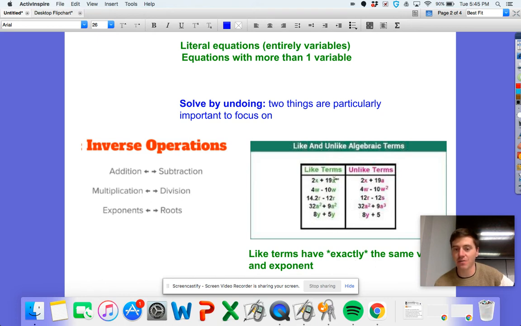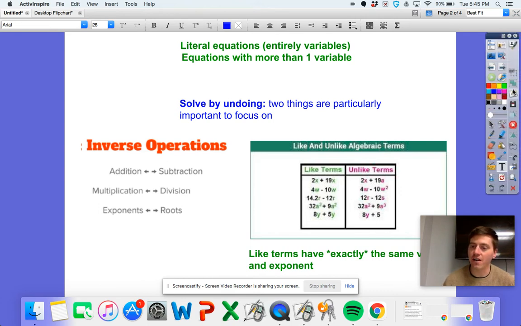So these guys are like terms: x and x, a squared, y, y. These guys are not: x and a, w and w squared. That throws some people off sometimes. This is the same variable, but it's not the same exponent. W and w squared are different. They're non-like terms. So these are two things we have to consider, inverse operations and like terms.